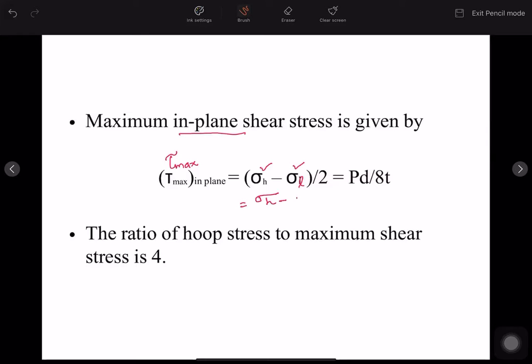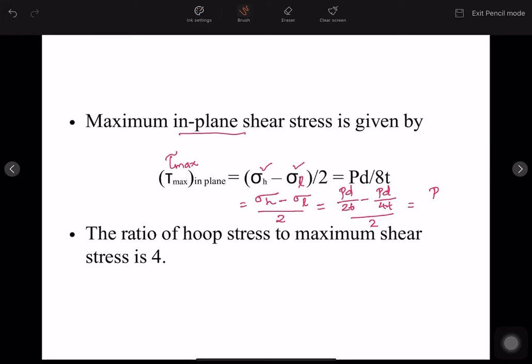If we substitute the sigma h and sigma L values, we'll get the following equation: PD by 2T minus PD by 4T, whole divided by 2.